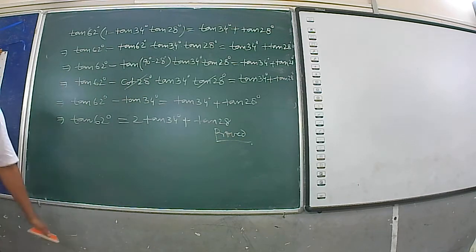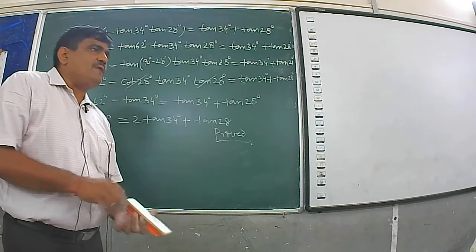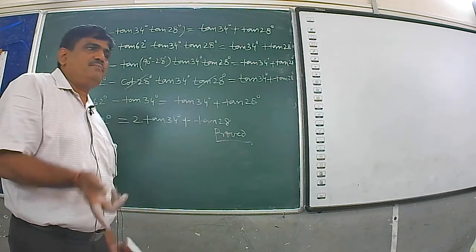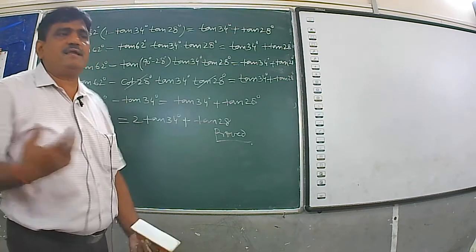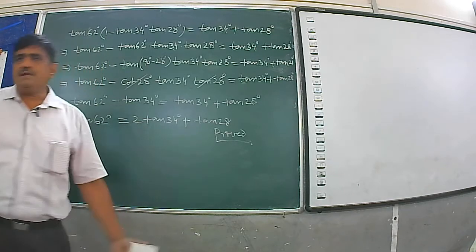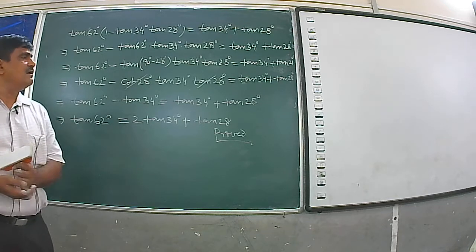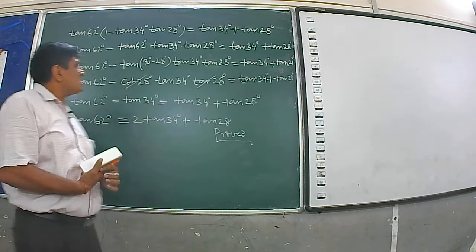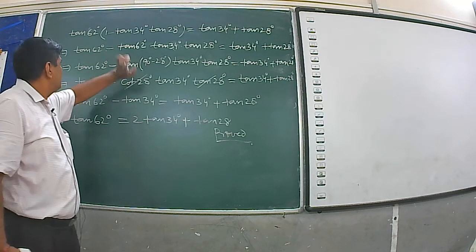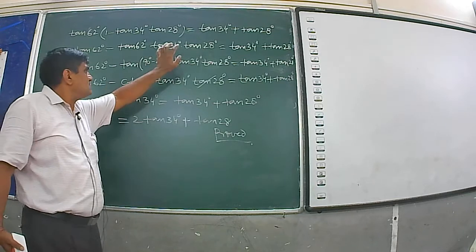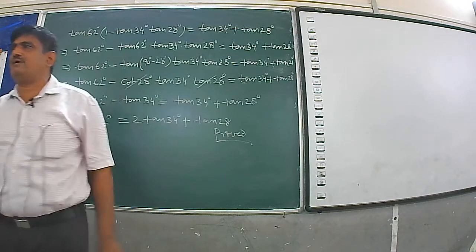In the first case, tan 70 degree is equal to 2 tan 50 degree plus tan 20 degree. We make the relation between the given angle: 70 degree is equal to 50 plus 20, and taking tangent on both sides, after the cross multiplication, we get tan 70 minus tan 20 minus tan 50 is equal to tan 50 plus tan 20.